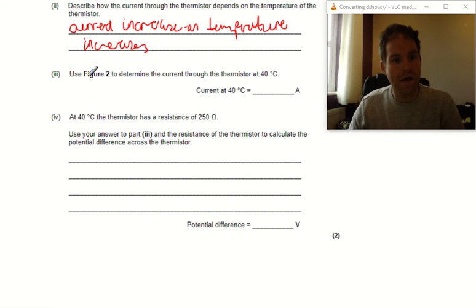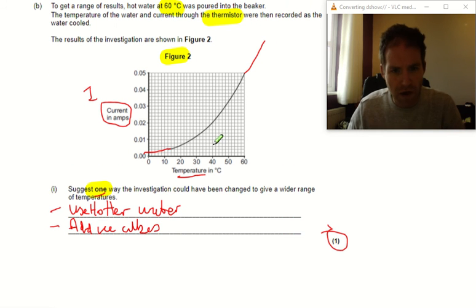Next it says use figure 2 to determine the current through the thermistor at 40 degrees Celsius. So what we need to do is look back to find 40 degrees C. If we go over here, find where 40 degrees C is, that comes up here, and we move up along the line to here.